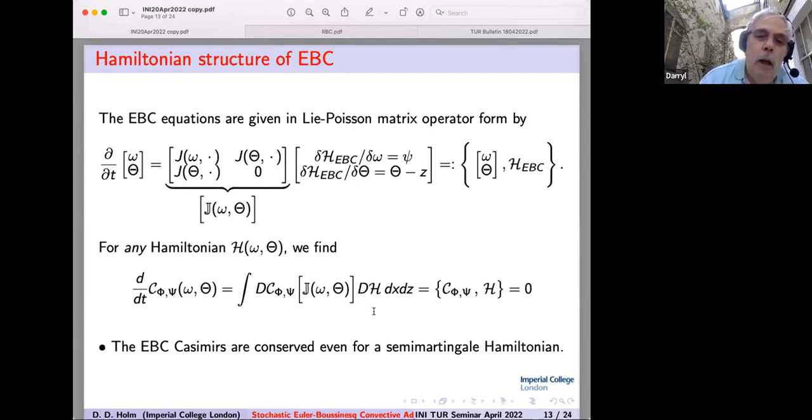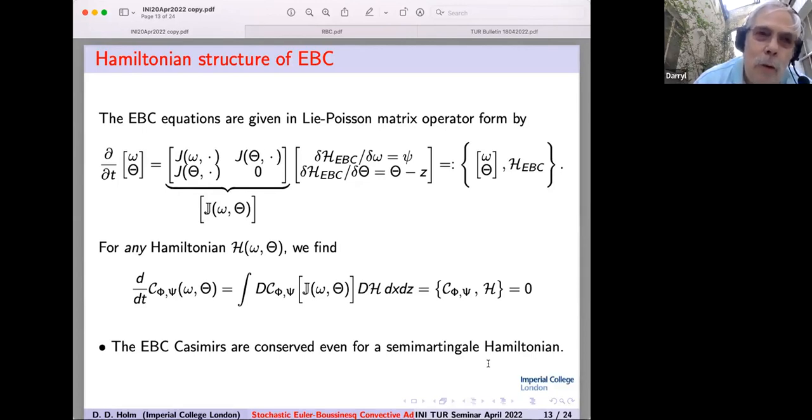So it doesn't matter what Hamiltonian you choose. In particular, this is our opportunity: we can preserve this Hamiltonian structure. We can preserve these conservation laws, an infinite number of them, if we say the Hamiltonian should be semi-martingale. So we can introduce noise into a Hamiltonian system.